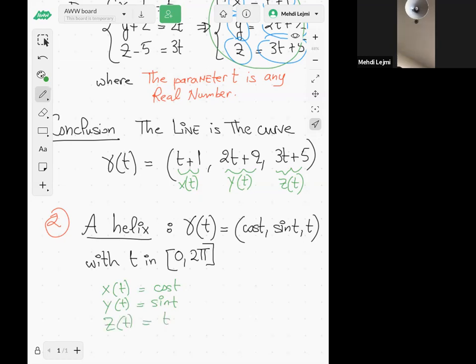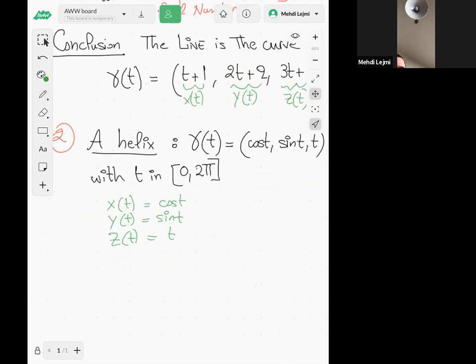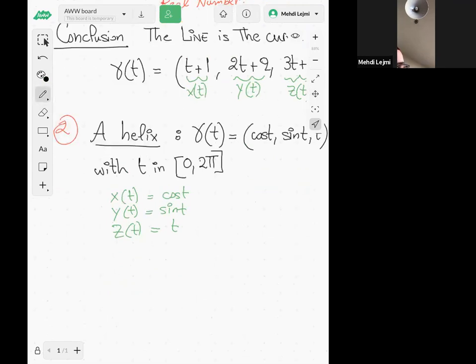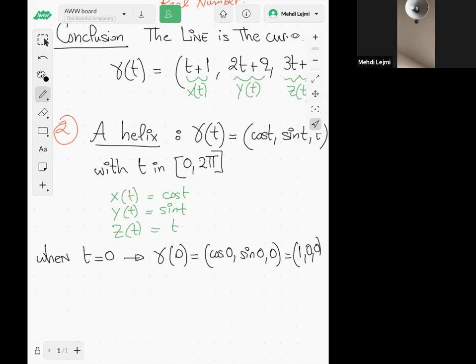For example, when the time t is 0, then gamma of 0, the corresponding point, would be cosine of 0, sine of 0, and 0. Cosine of 0 is 1, so that will be the point 1, 0, 0.